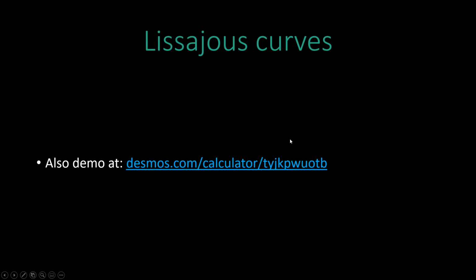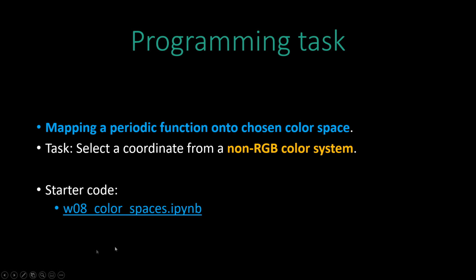Okay. So we are at the end of today's theoretical explanation, and what will follow after the pause will be our programming task. We will work a little bit with what we were talking about today with the color spaces, and the task will be to map some periodic function, or let's start maybe just mapping numbers from 0 to 1, but then later mapping a periodic function from that number into one of the dimensions of the non-RGB color systems.